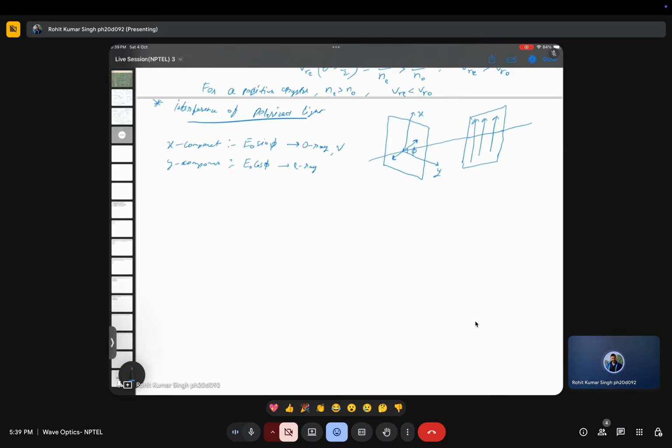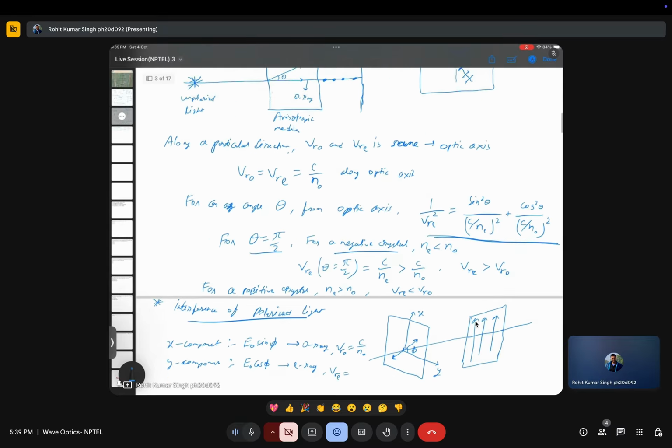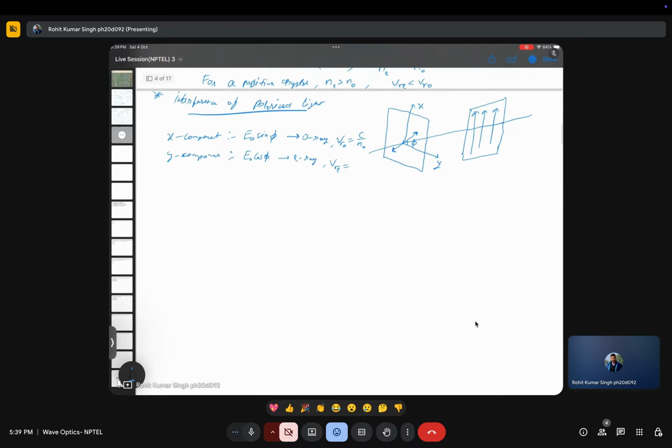And the velocity will be given by c by no here, and here the velocity is given by the formula, so if you put pi by 2 in it, you will get c by ne.